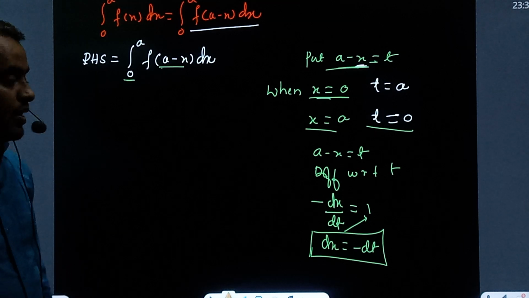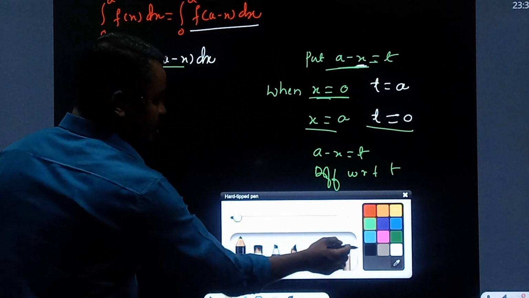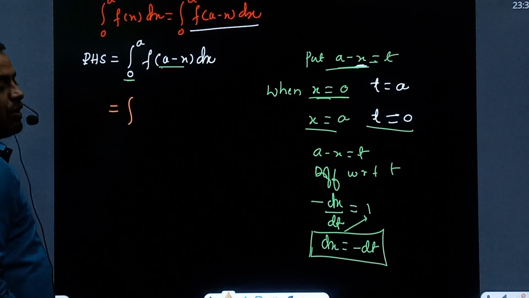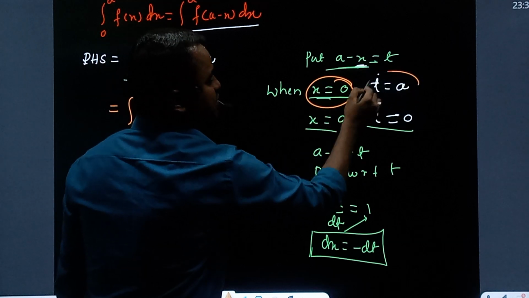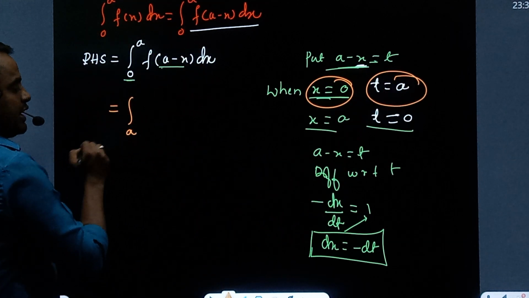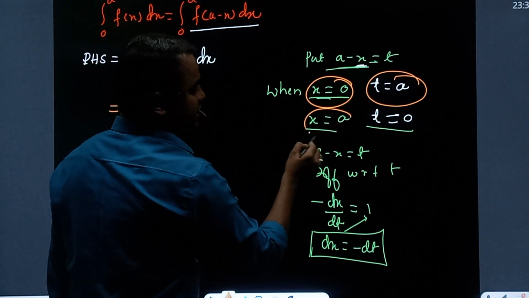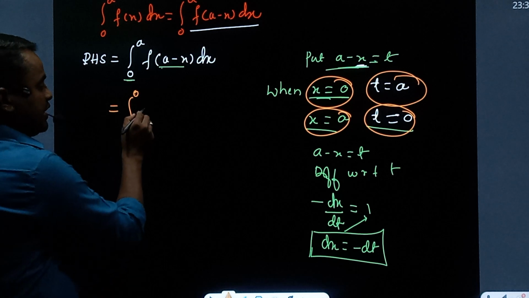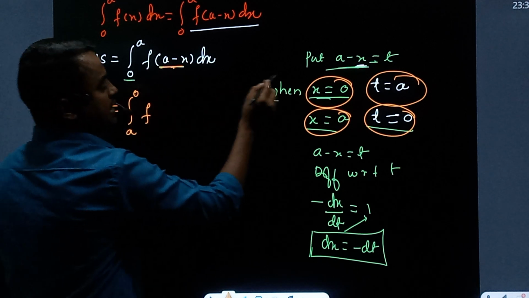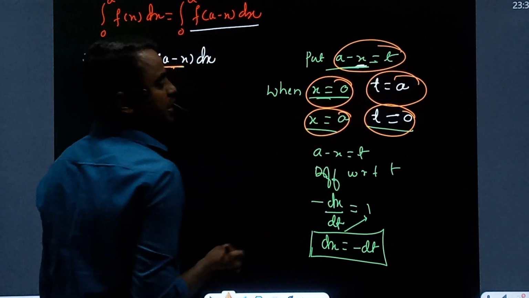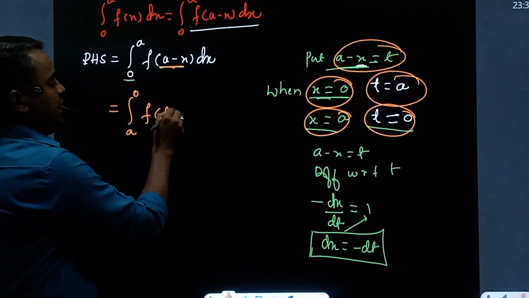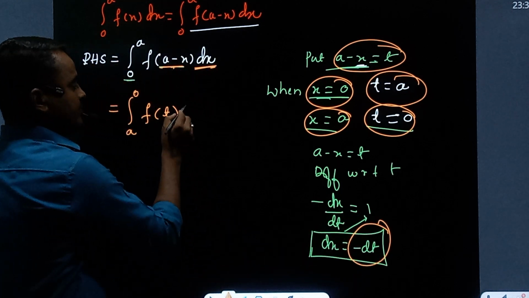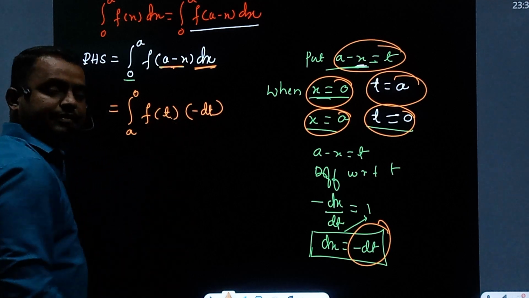Now the right side is equal to integration of, when I take 0, the value of t is a, so the 0 becomes a. When x is equal to a, the value of t is 0, so write 0 in place of a. f of a minus x becomes f of t, and dx is minus dt.